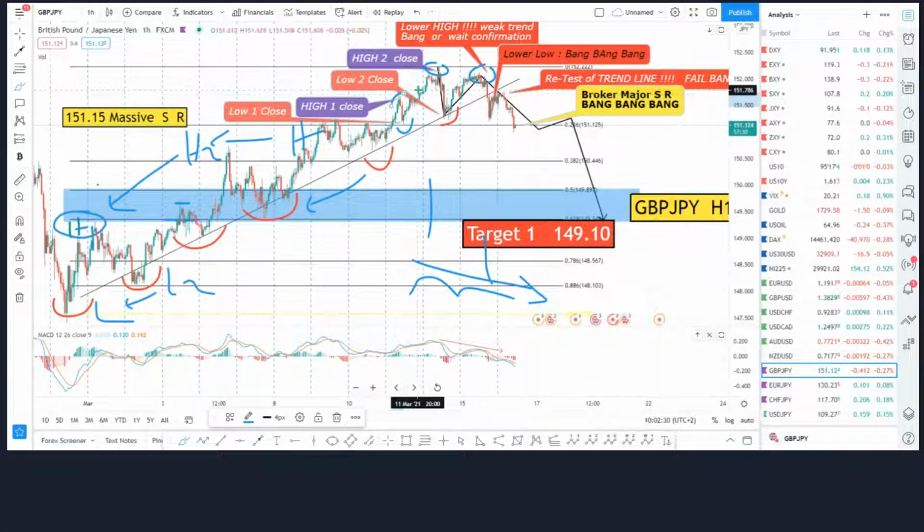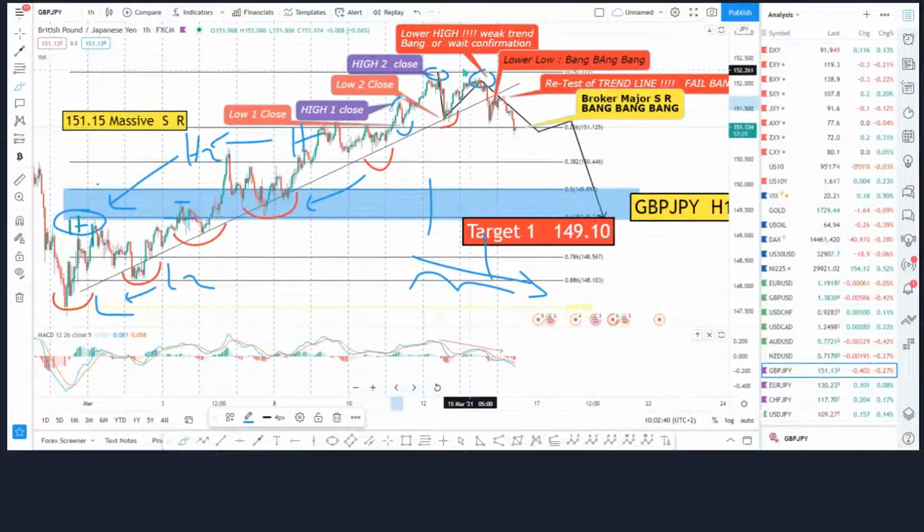You come here, you make a new high, and the new low is a little bit higher, which is fine. You come to this area, you make a lower high, a weak trend, or weak confirmation. Then you come to this low, which is lower. This low is lower, a sign of reversal. Then you come to this area.